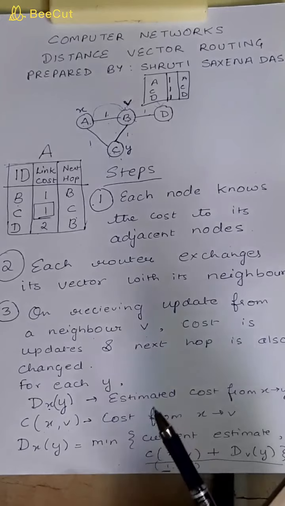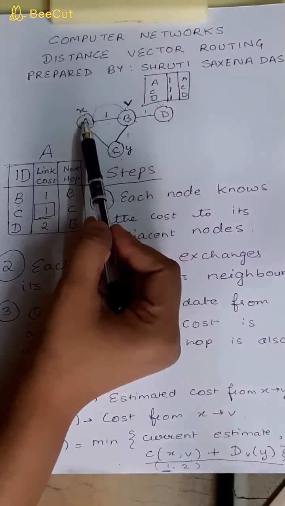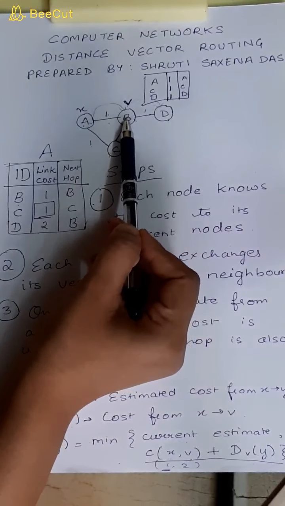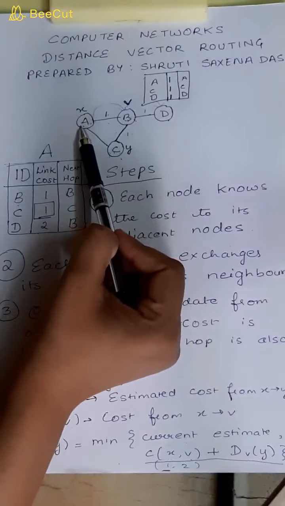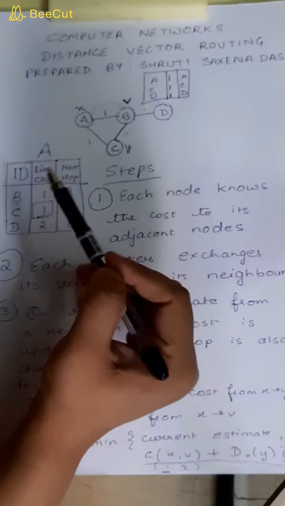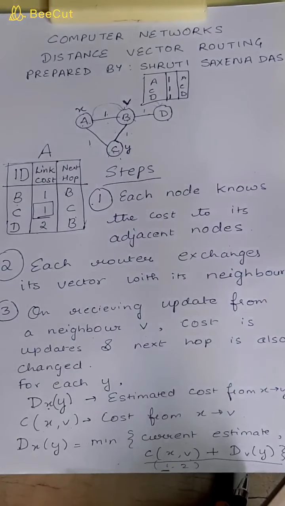So if neighbor V is sending something to X, if we consider A as X and the neighbor is V, and V is sending its own table to A, then we'll check all the entries according to this formula.